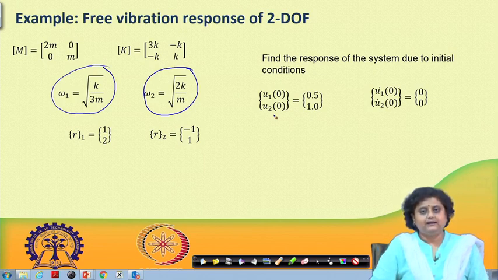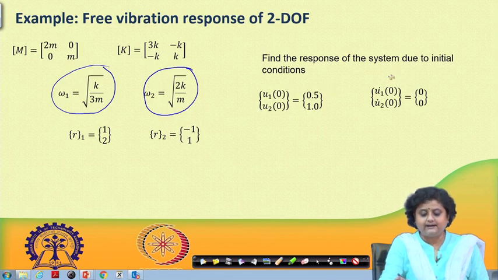We are saying that the initial displacement, that is the displacement at t equals 0 for both the degrees of freedom, u1 and u2, are 0.5 and 1.0. So, at t equals 0, u1 has a value of 0.5 and u2 has a value of 1.0.